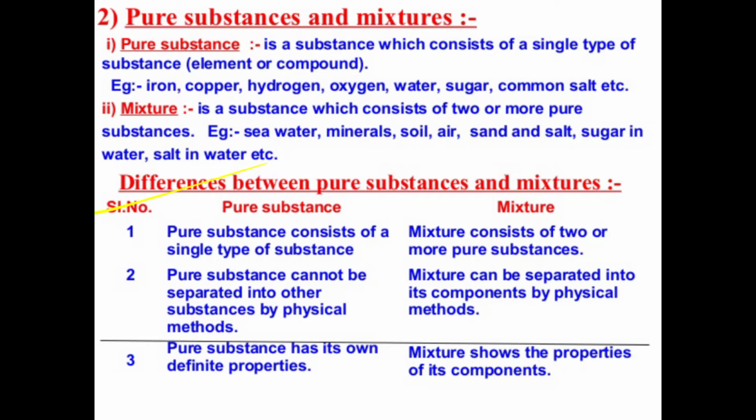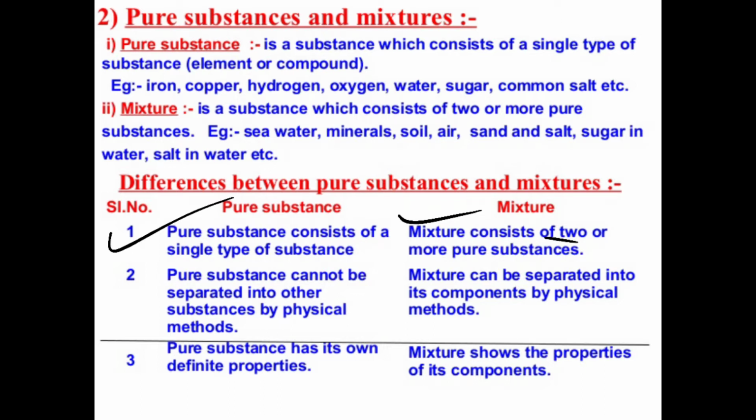Here is the most important difference between pure substances and mixtures. Pure substances consist of only a single type, whereas a mixture consists of two or more pure substances.